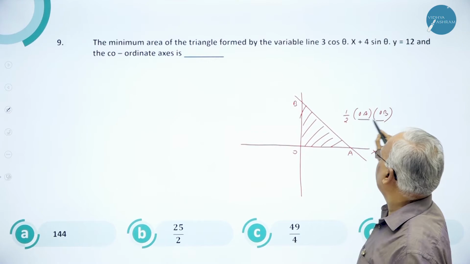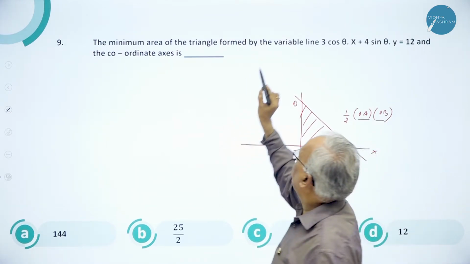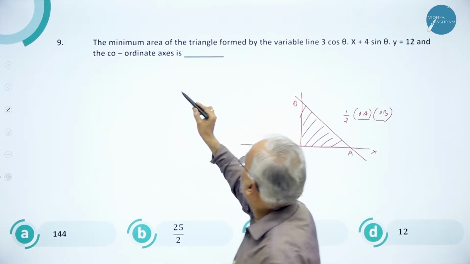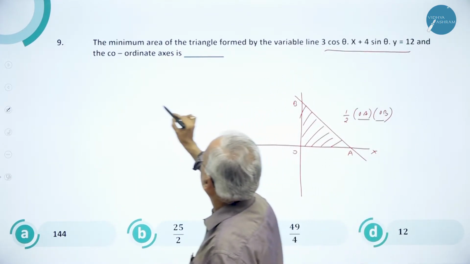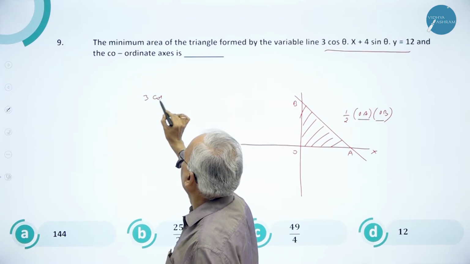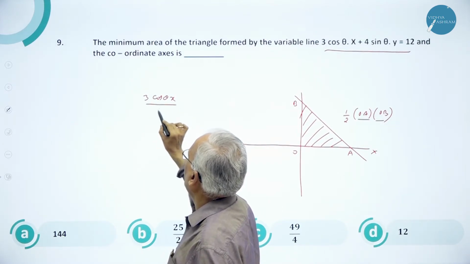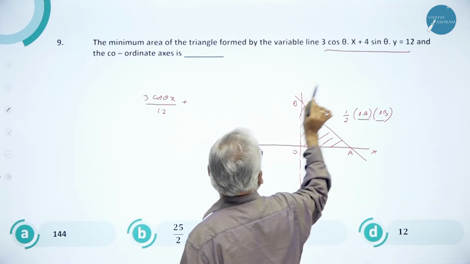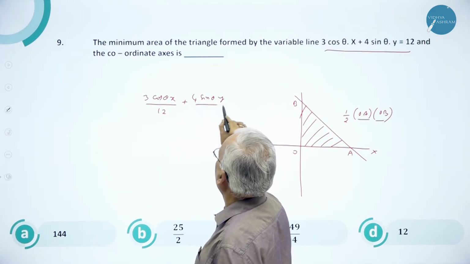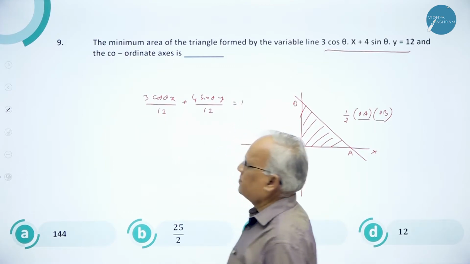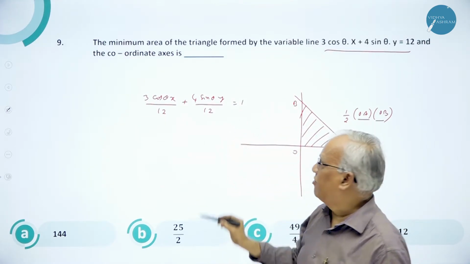Half x-intercept into y-intercept is the area. So bring this equation to intercept form first by dividing the equation throughout by 12. So you get 3 cos theta into x divided by 12 plus 4 sin theta into y divided by 12 equal to 1. Convert this equation to intercept form.